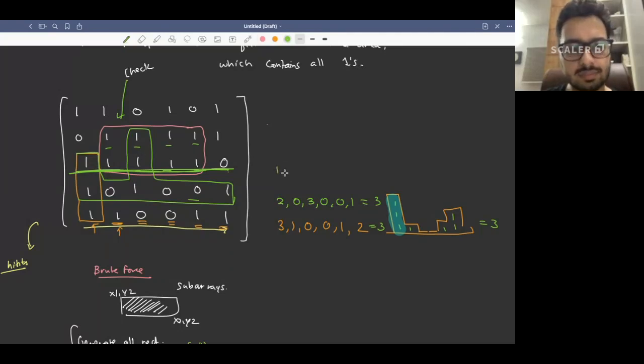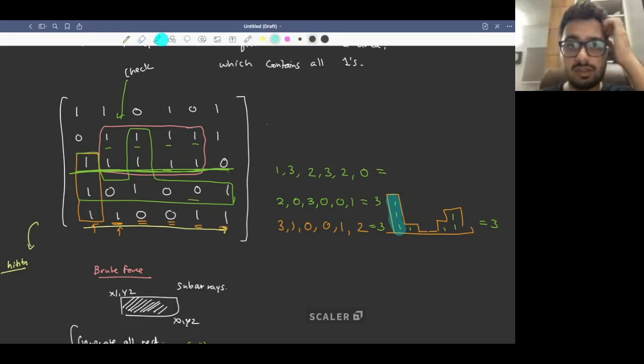1. I have 3, I have 2. Here 3. Here 2. Here 0. Largest area under histogram for this row. So I'll just highlight what this row is going to contain.